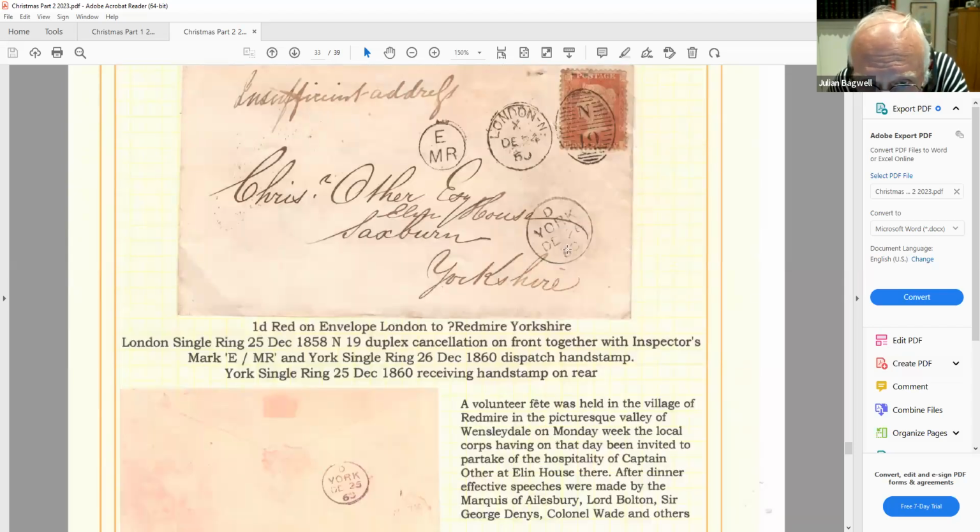So December the 26th, it's marked insufficiently addressed. And Malcolm probably is going to correct me, but I think this is an Evening Midland Rail mark, the railway from London to York. I think that's an inspector's mark. I'm not certain. I know Malcolm knows a lot about this stuff, so when we finish, we're interested in his view on that mark.